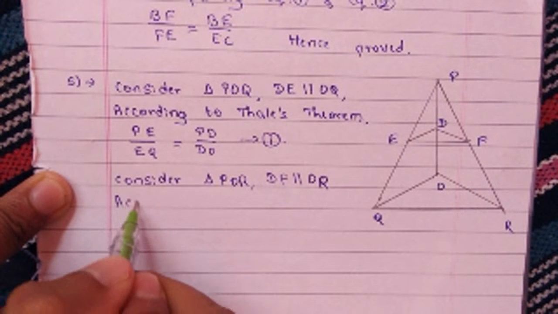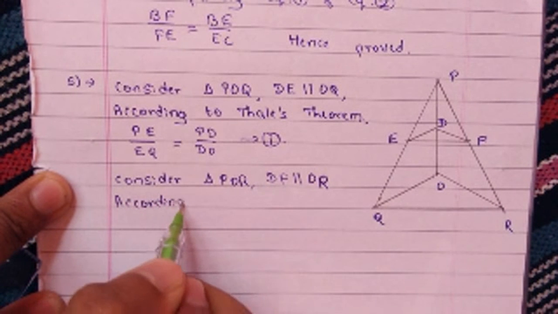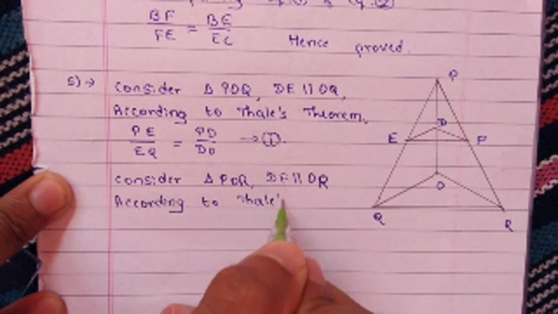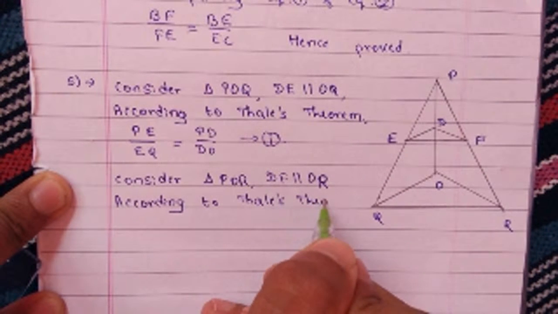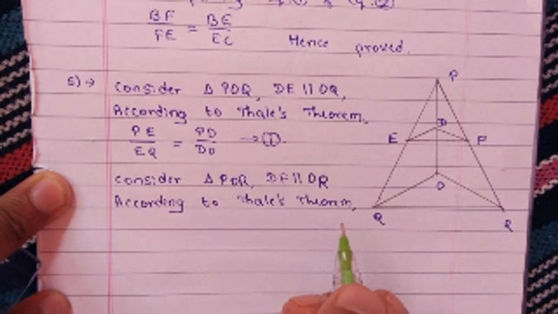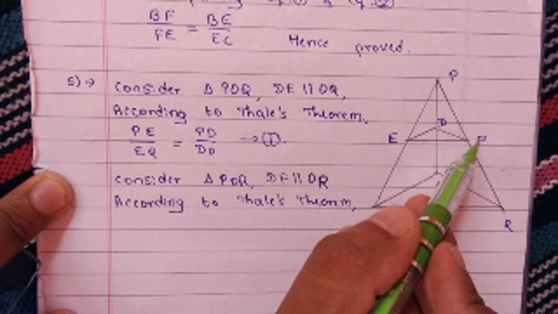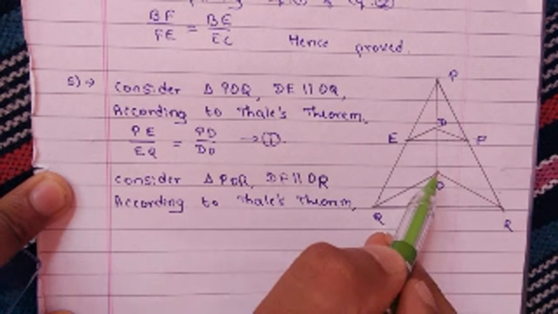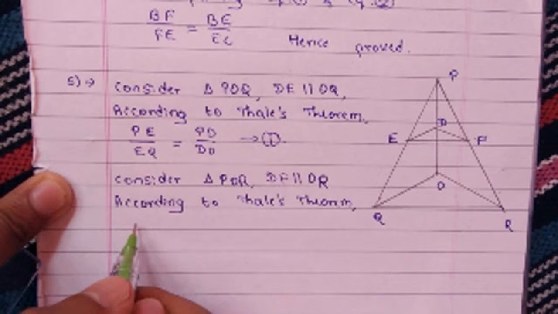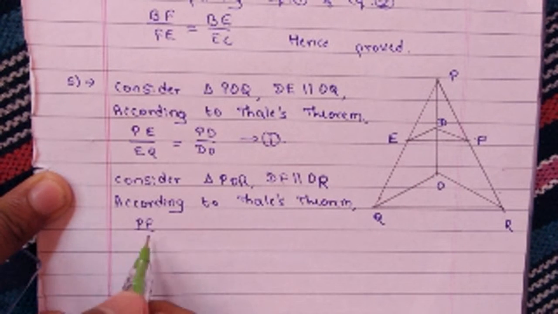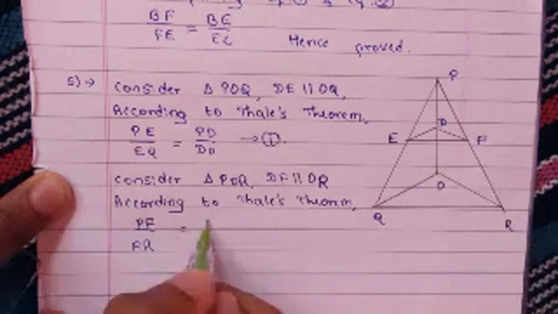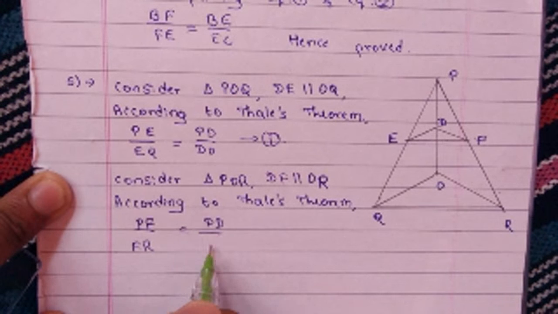According to Thales theorem, what it becomes? PF divided by FR is equal to PD divided by DO.